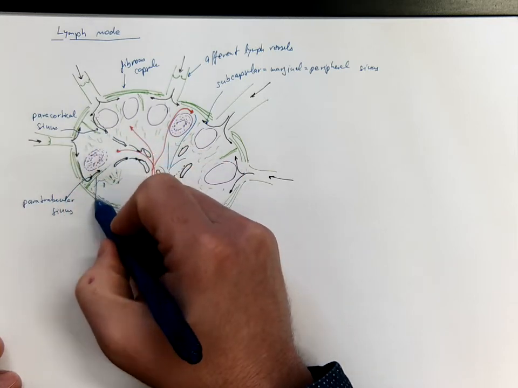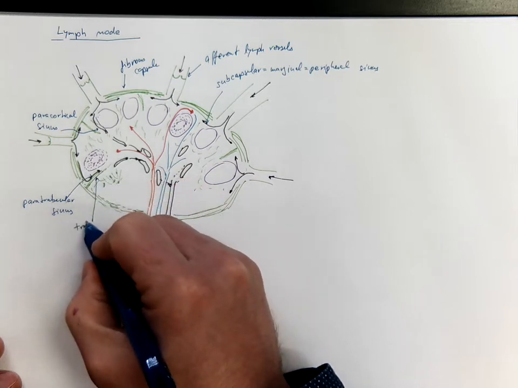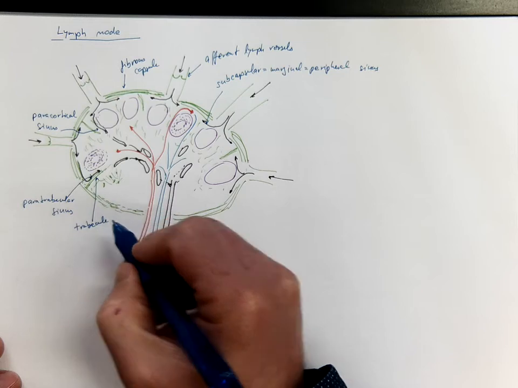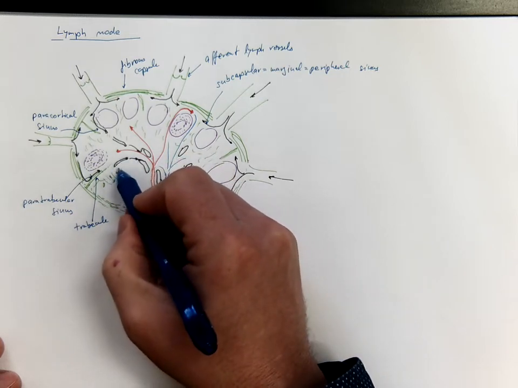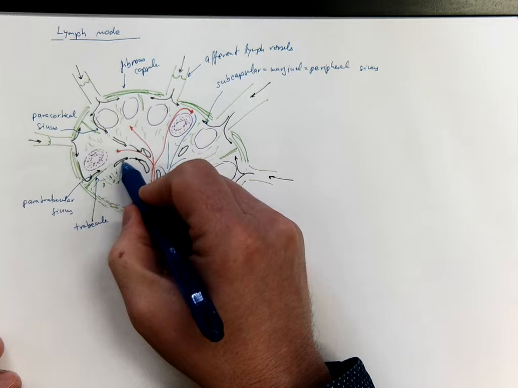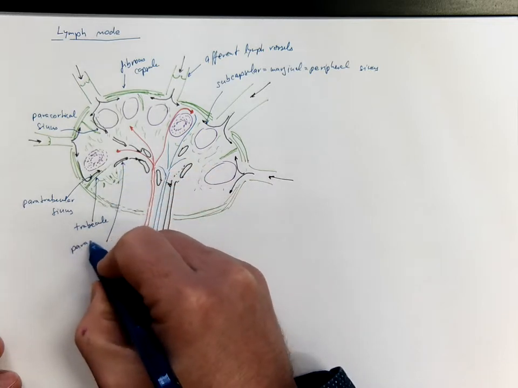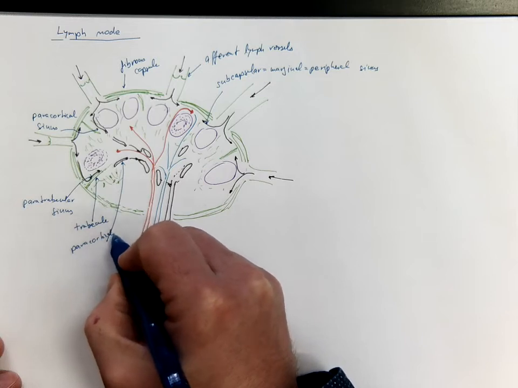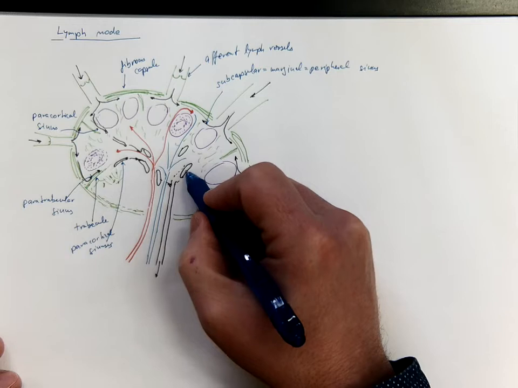By the way, these connective tissue projections are called trabeculae. And the lymph will reach the paracortical sinuses and the largest medullary sinuses.